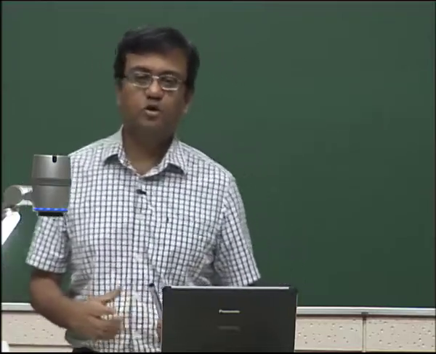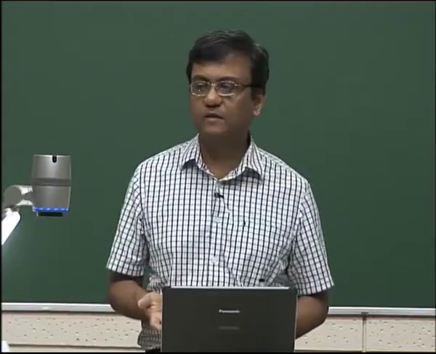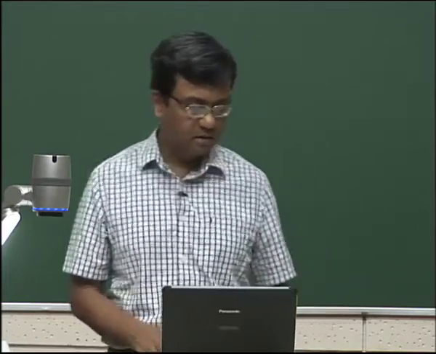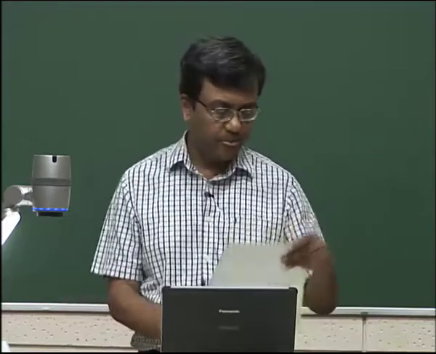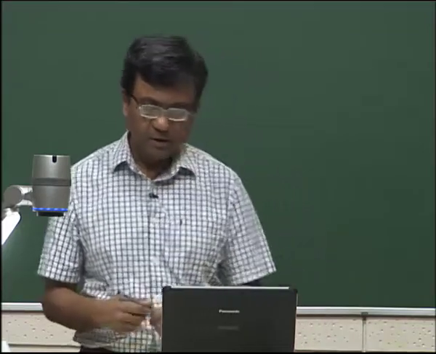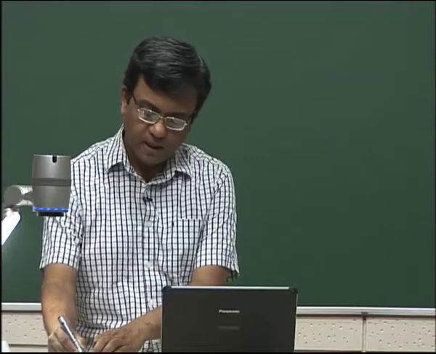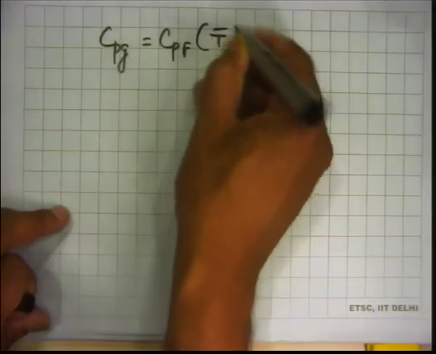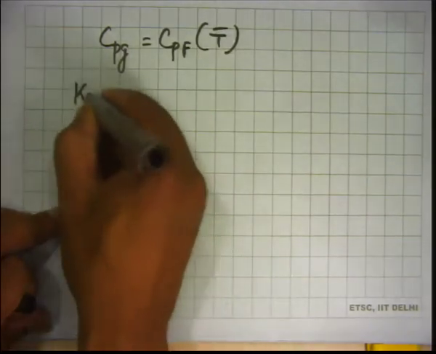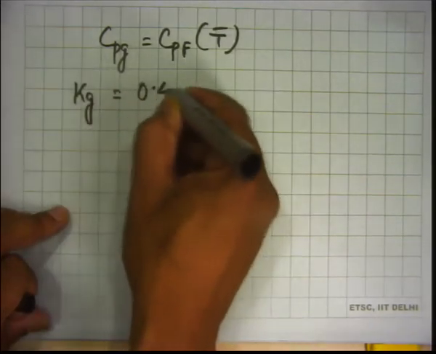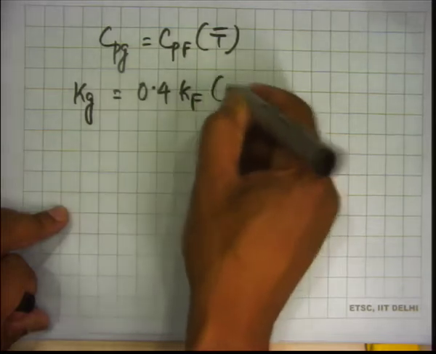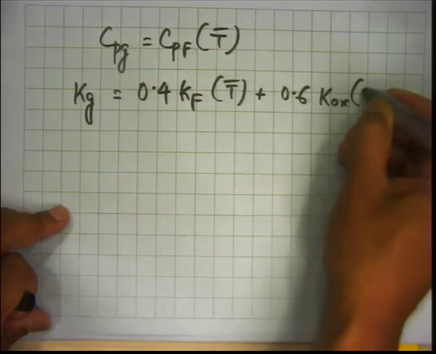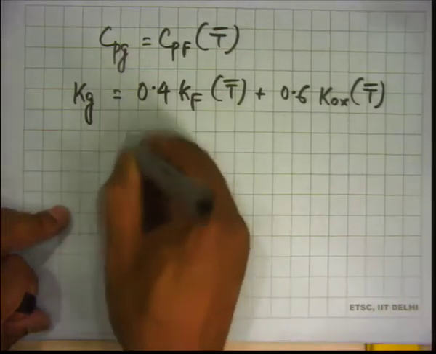But you can choose some representative property values which will give you reasonably accurate profiles and quantities like mass burning rate. So, in this case for droplet combustion, CPG is evaluated for the fuel at a temperature T bar, then thermal conductivity is like this.